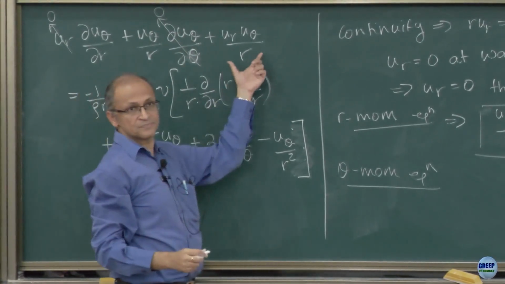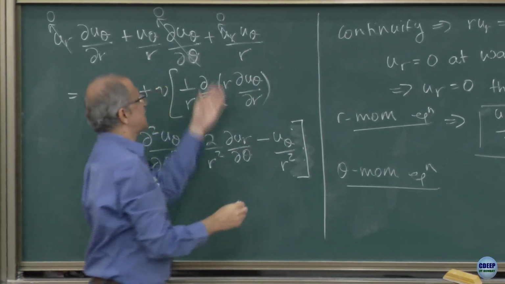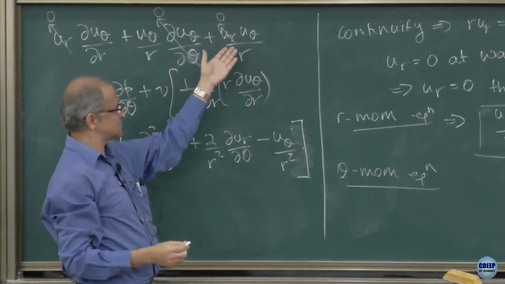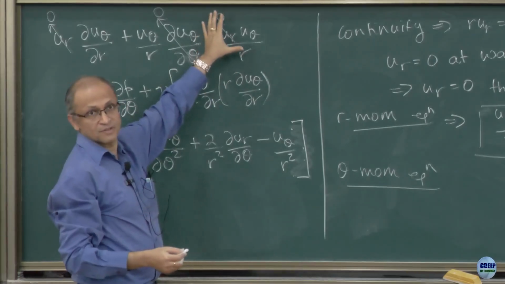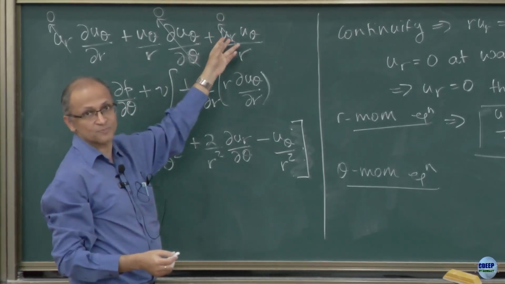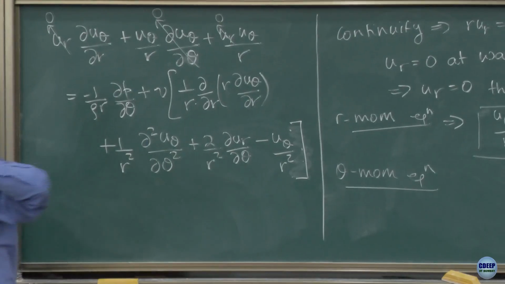Third term, u_r is 0. I would again urge you, when you do this, it will help you for the exam: set the right thing to 0. If you just show that u_r is 0 and therefore this term I'm dropping, it makes more sense. So be a little more careful in writing out why you are setting it as 0.